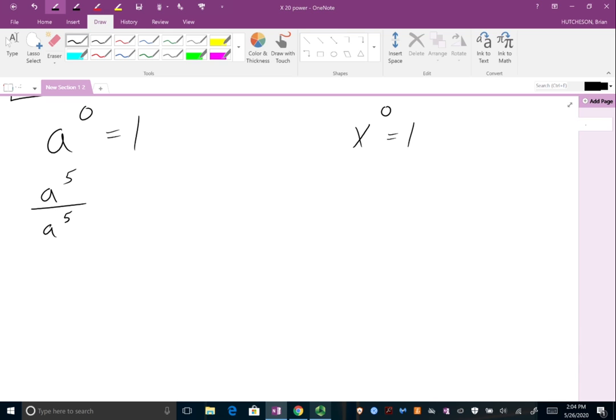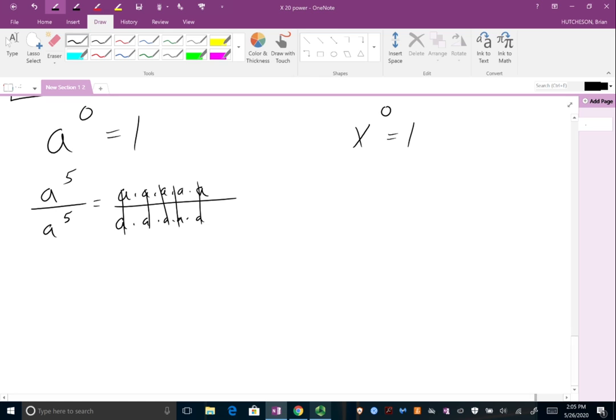Anytime you divide a number by itself, excluding 0 and some other indeterminate forms, you get 1, right? Well, isn't this just a times a, 5 times, over the same thing? And they all cancel out? They don't go to 0.